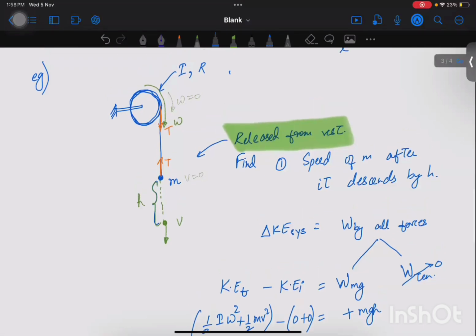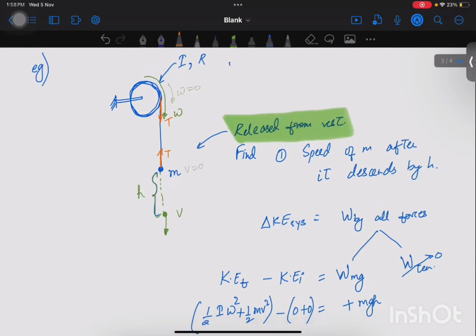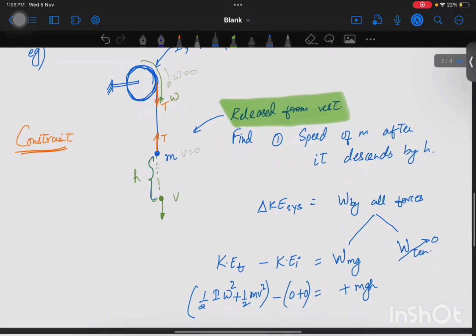What do you do in such a case? Yes, we will have to go to a constraint. We will recall a constraint that we did earlier. We said a is R alpha, or no slip of the string over the pulley. The same way, look carefully: if this point over here has a speed of v, then every point on the string must have the same velocity along the string, right?